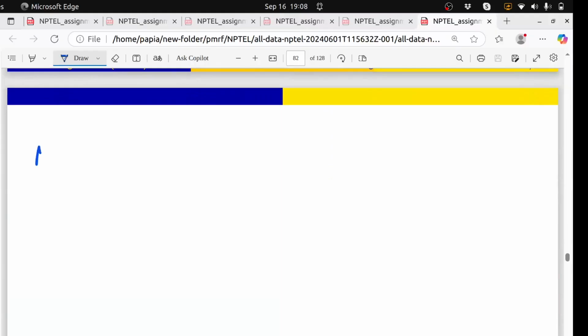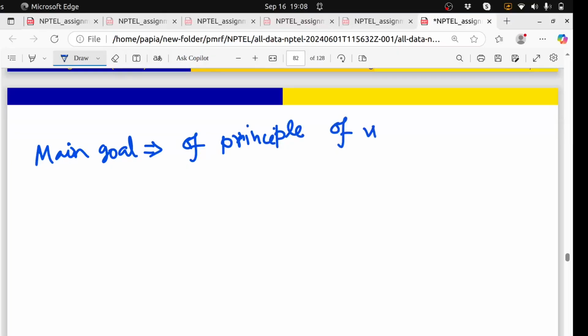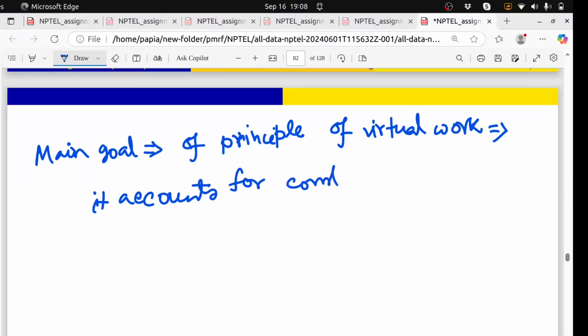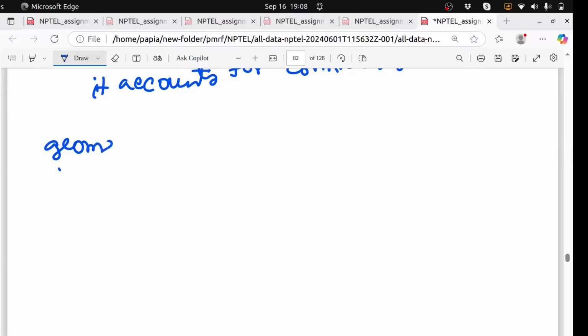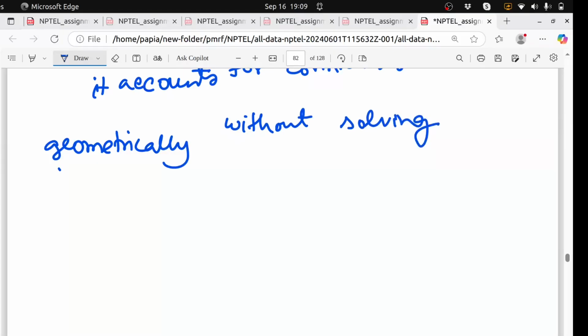So the main goal of the principle of virtual work is it accounts for constraints geometrically without solving for the constraint forces.